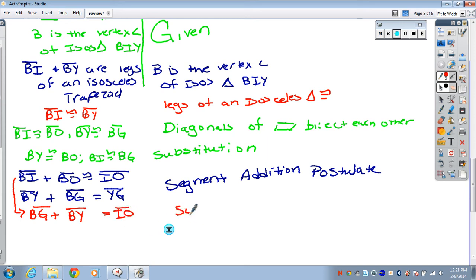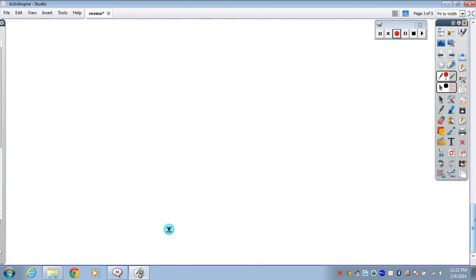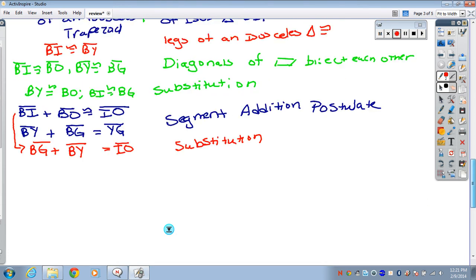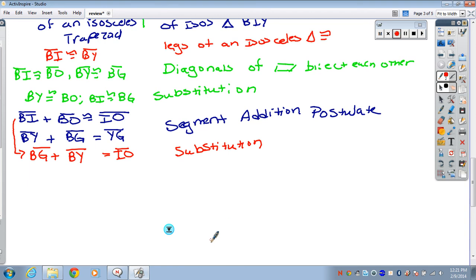That was substitution. Now we know that YG is congruent to IO because we said BY plus BG equals YG. Well, I can substitute this YG in here. So YG is congruent or equal to IO. That was substitution.